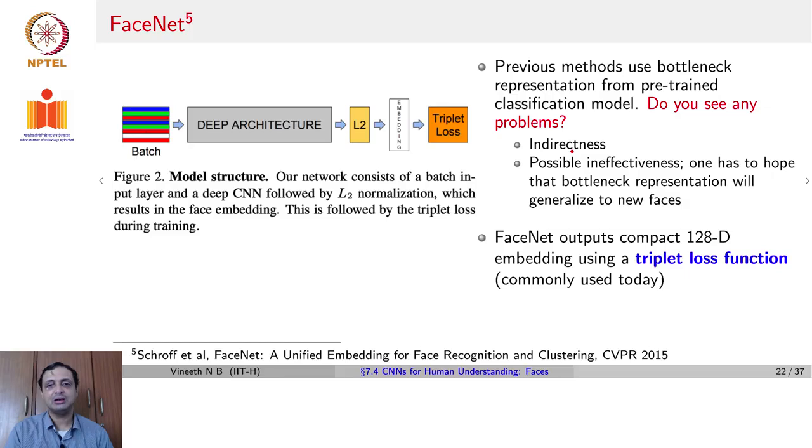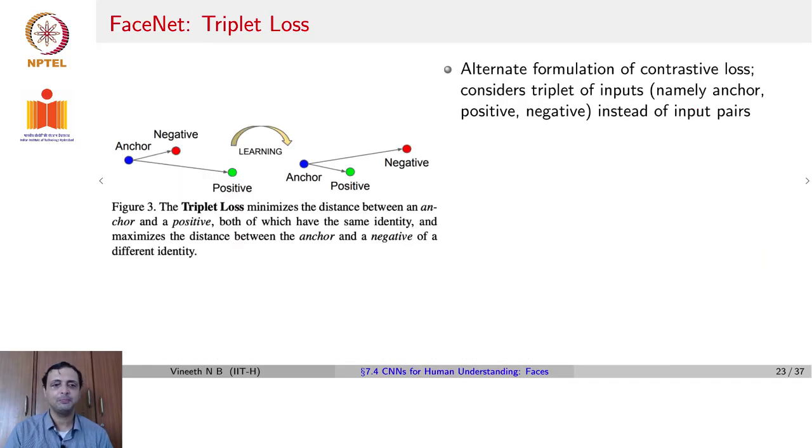In fact, FaceNet learns a 128-dimensional embedding using a new loss function known as a triplet loss function, which is commonly used across several settings in deep learning today. So here is the idea of triplet loss. It is an extension of contrastive loss. While contrastive loss used similar and dissimilar examples, triplet loss uses a triplet.